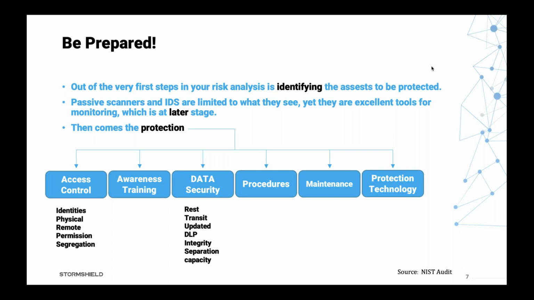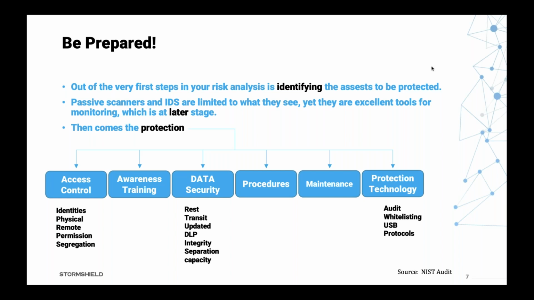Then come the procedures that need to be set and followed in order to avoid risks, reduce the risks, or protect against different kinds of risks. And then you need to make sure to have maintenance in place, and finally to have your protection technology. Out of the protection technology, we take this example: it also needs to provide you with auditing capabilities.